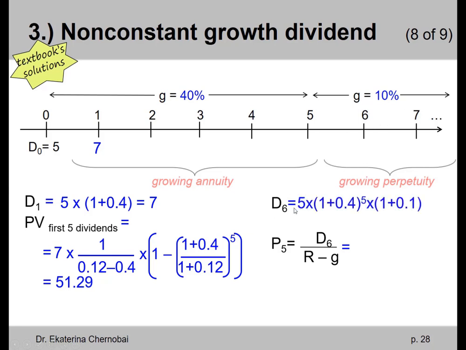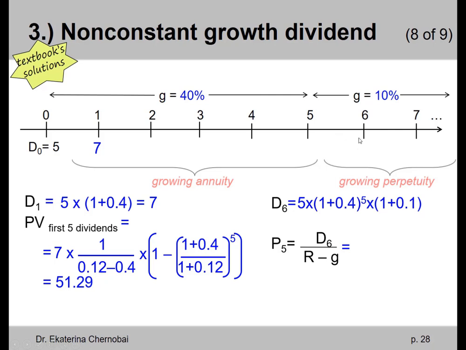And it does that by calculating two future values. It calculates the future value of the most recently paid $5 dividend after 5 years, right? So $5 times 1 plus 0.4, which is the 40% growth rate initially, to the 5th power.